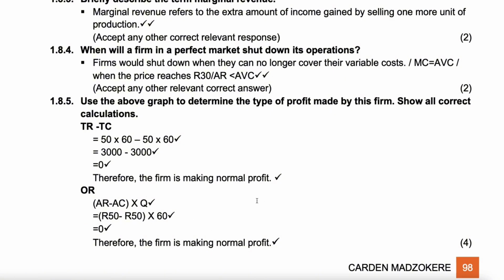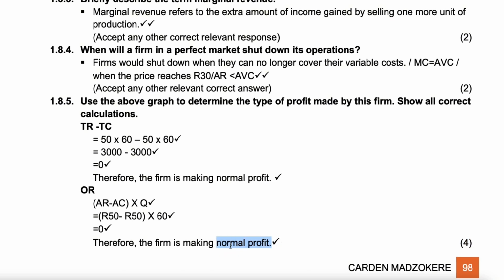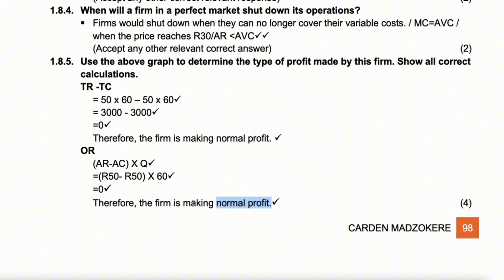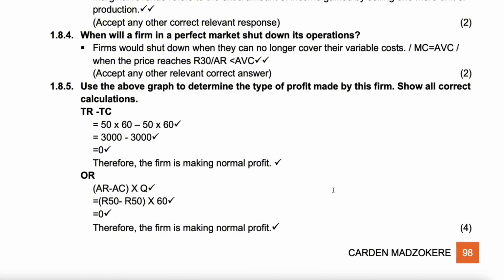Then, according to how they are marking the normal profit part, I thought they would give it 2 marks, but they're giving it 1. And then they're spreading the other 3 marks on your calculation. So if you don't get to the conclusion, you will earn 3 marks. But why lose the mark when you get 0? Because when you get 0 already, you know the type of profit.